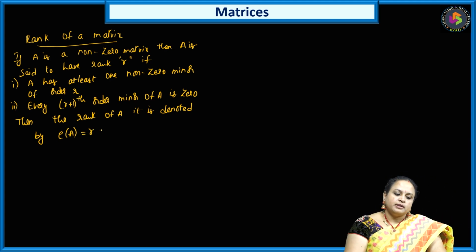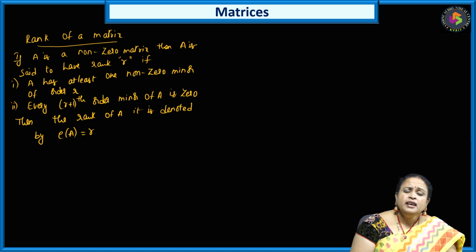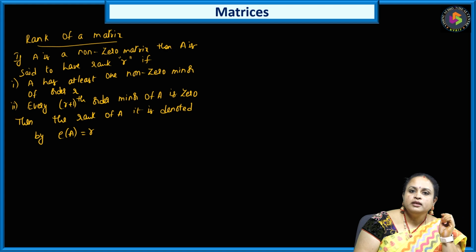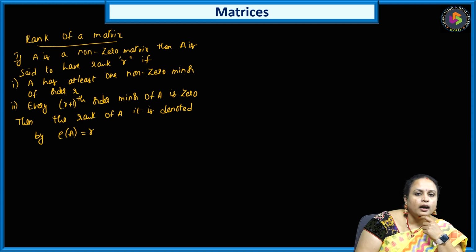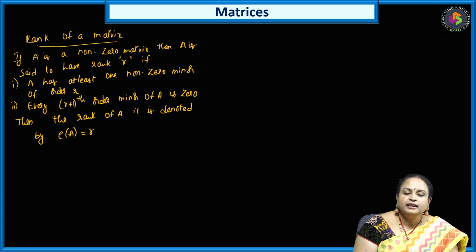What is rank of a matrix? If A is a non-zero matrix, then A is said to have rank R if A has at least one non-zero minor of order R. What is a minor? After deleting the row and column in which a particular element is present, whatever determinant we are getting, that is called a minor.